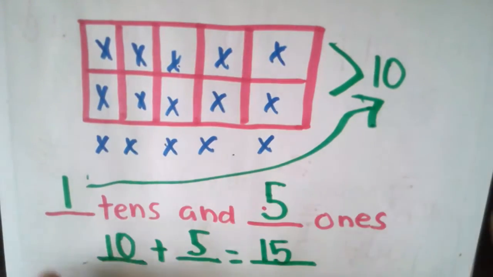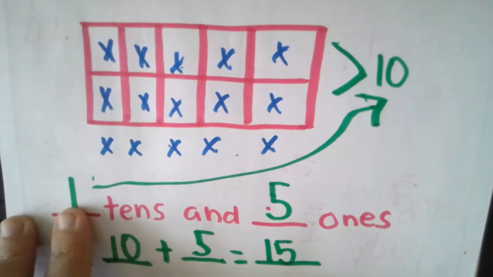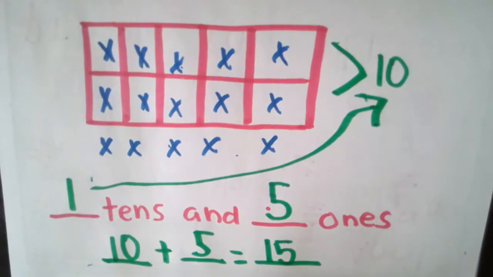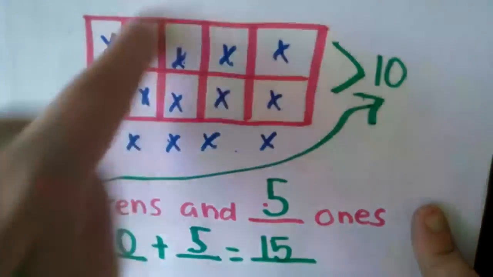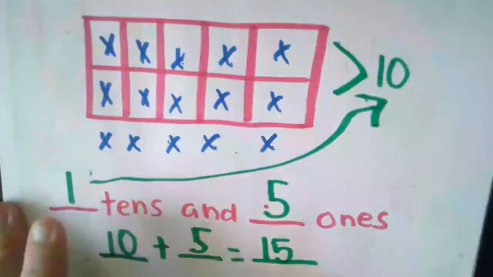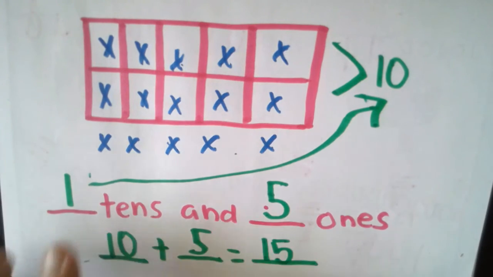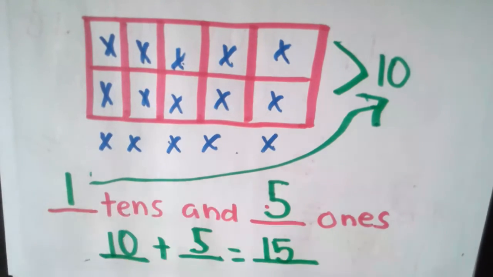So if you had 2 full 10 frames, you would actually have to put a 20 here, right? And a 2 would have to be here, but let's not worry about that yet. Let's just look here. We know that the 10s means 1 full 10. How many full 10 frames do you have? We have 1 full 10 frame, so we put a 1 here. Unless you have 10 full 10 frames, you don't put a 10 here, okay?